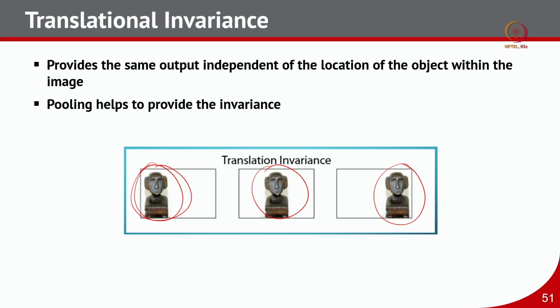I mean, it has been translated. Now we want all these images to be classified as the same label or the same class. So pooling actually helps to classify all these images as the same class, and that means pooling helps in translational invariance, or pooling keeps this translational invariance property intact.